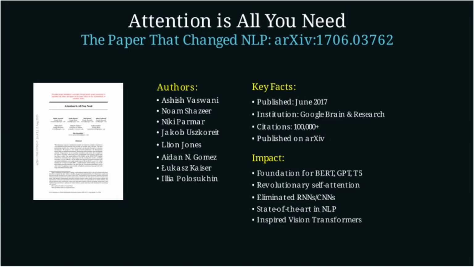The paper's self-attention mechanism transformed how we process sequential data, completely eliminating the need for recurrent neural networks and convolutional neural networks in many applications. This paper stands as a testament to how a single innovative idea can reshape an entire field. The transformer architecture continues to be the backbone of modern AI language models, proving that sometimes attention really is all you need.